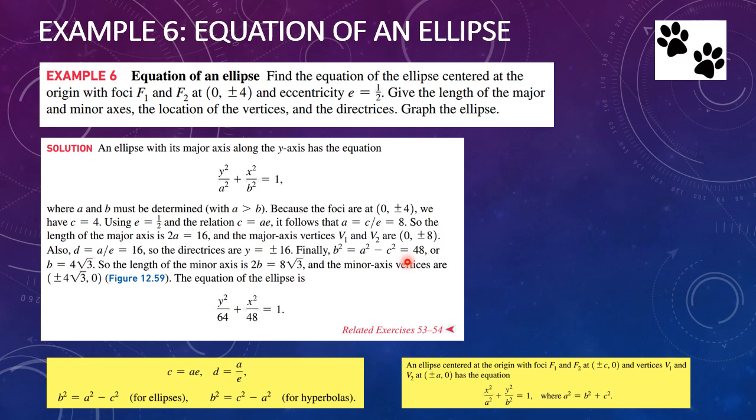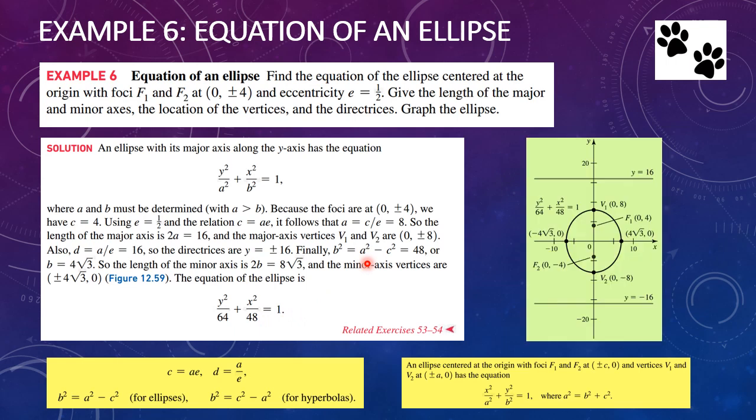So the minor axis is 8 square roots of 3, because it's double B, and the minor axis vertices are at plus or minus 4 square root of 3, and 0. Again, since this is the minor axis, we're no longer dealing with the y values, because this is on the opposite variable line, and so these are x values. And so finally we get the equation y squared over 64, which is y squared over a squared, plus x squared over b squared, which is 48, equals 1.